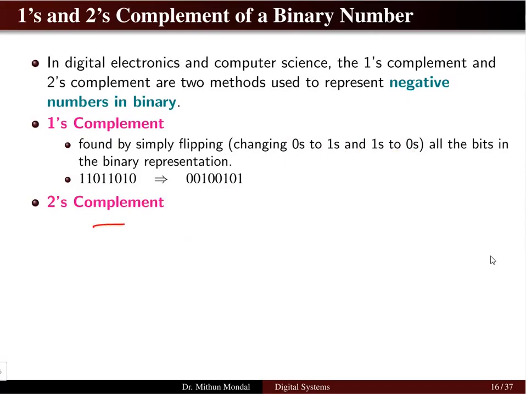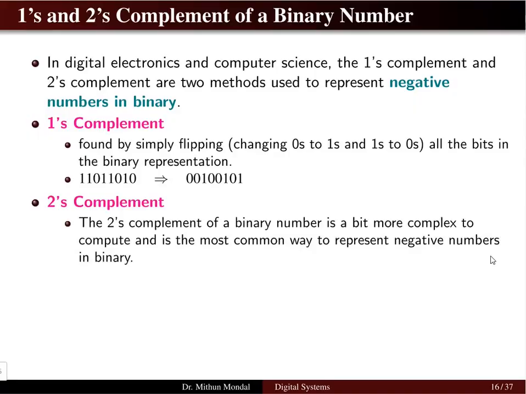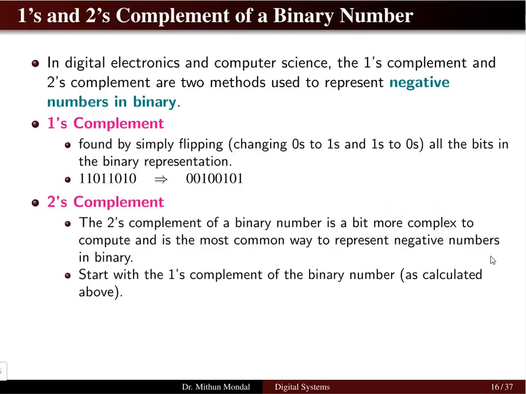Whereas the 2s complement of the binary system is a little more complex to compute, and it is the most common way to represent negative numbers in binary. It starts again with the 1s complement of the binary number as calculated above. First we go with the 1s complement and then add 1 to the 1s complement result to get the 2s complement.